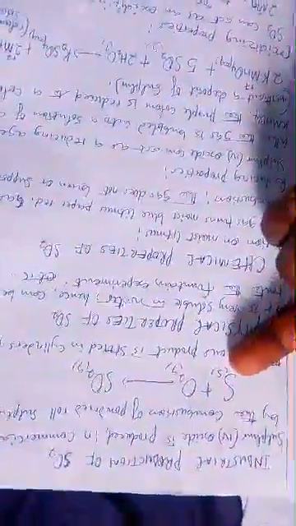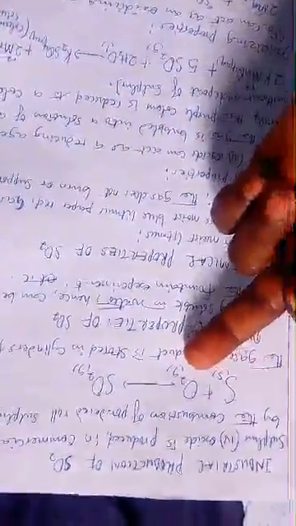Industrial production of sulfur(IV) oxide: it is produced in commercial quantity by the combustion of powdered raw sulfur in air. This is raw sulfur, and this is oxygen, which combine to form sulfur dioxide. The gaseous product is stored in cylinders for industrial use.